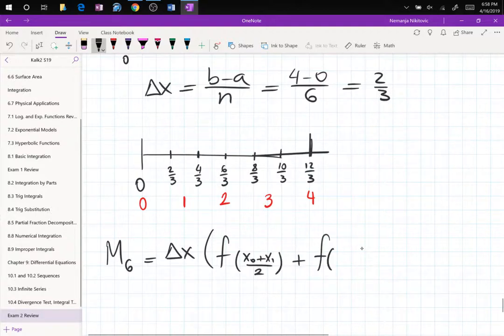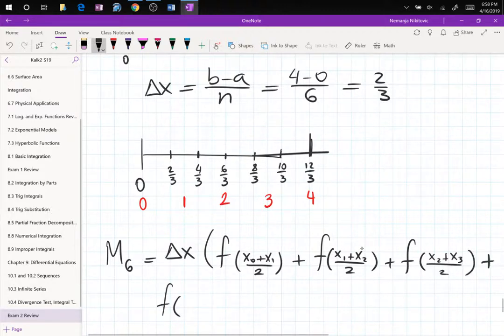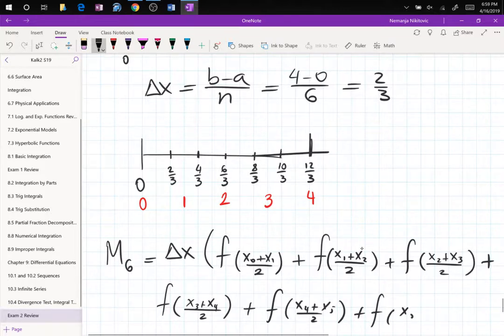Plus f of x1 plus x2 over 2, plus f of x2 plus x3 over 2, plus f of x3 plus x4 over 2, plus f of x4 plus x5 over 2, plus f of x5 plus x6 over 2.